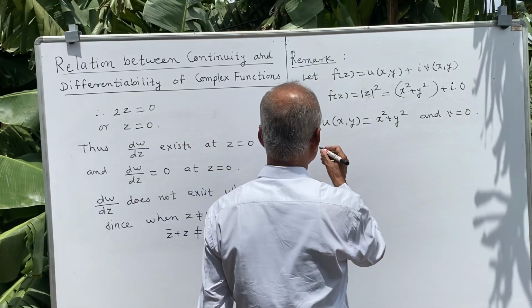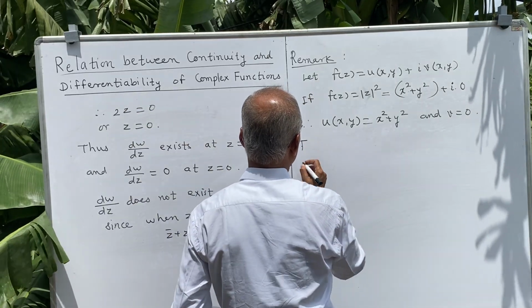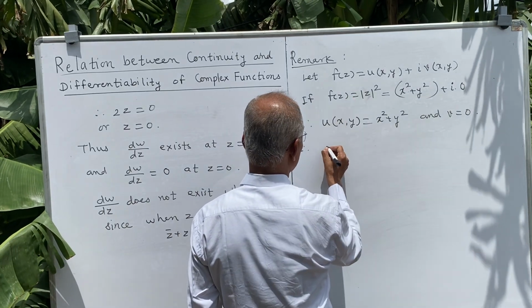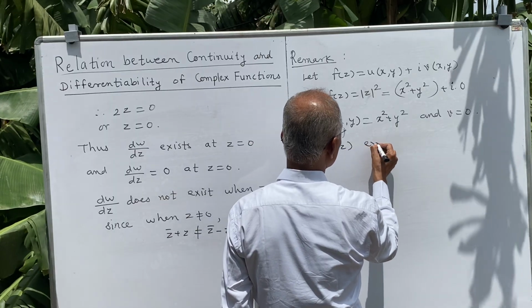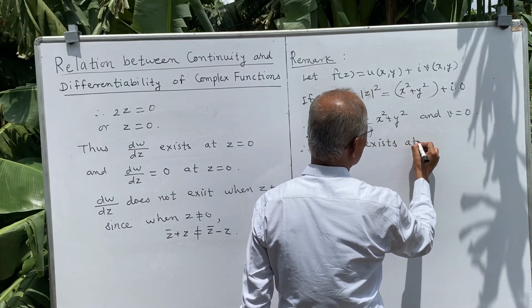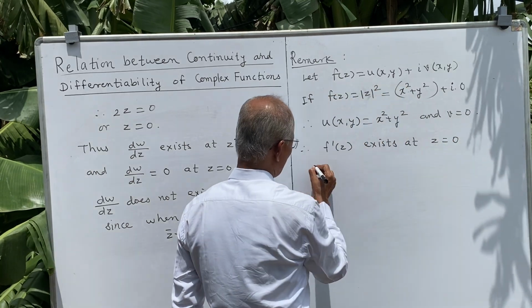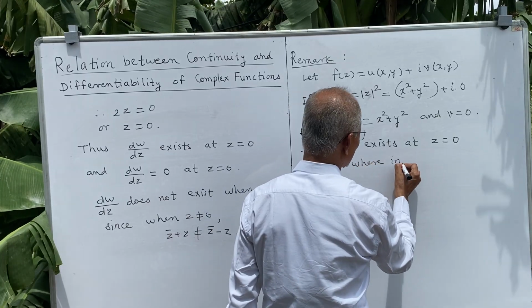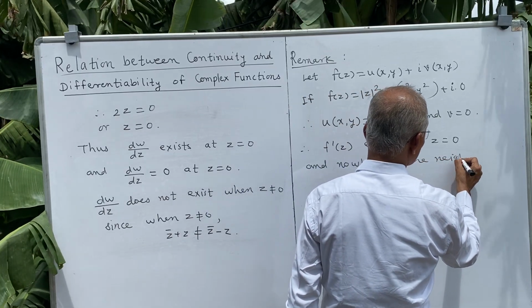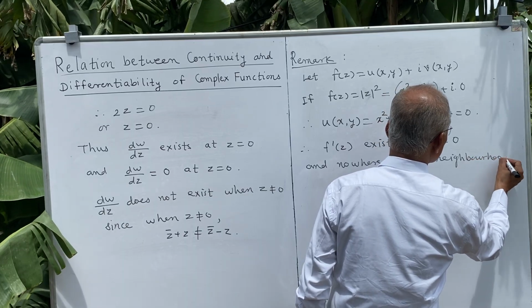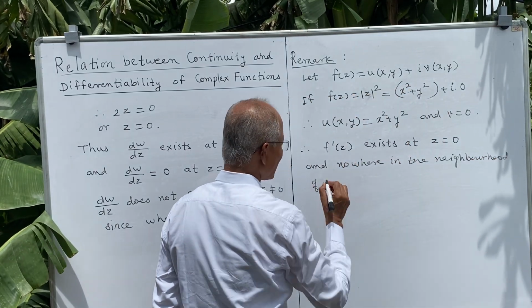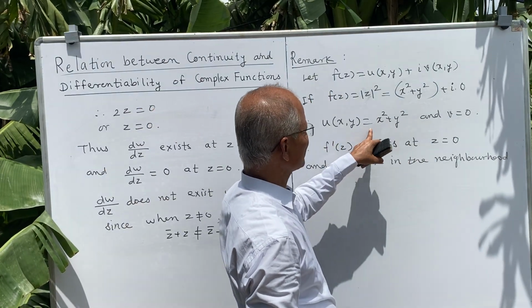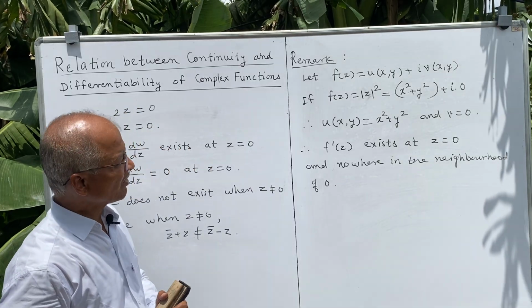Thus we have seen from the above example that the derivative of this f of z, f dash z, exists at z equal to 0 and nowhere in the neighborhood of 0. But these component functions u and v have continuous partial derivatives of every order.